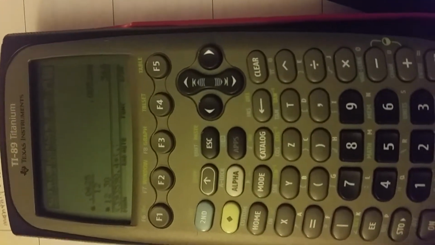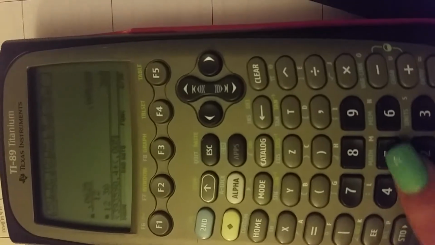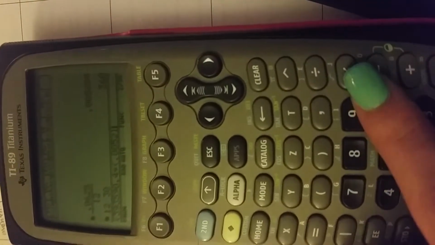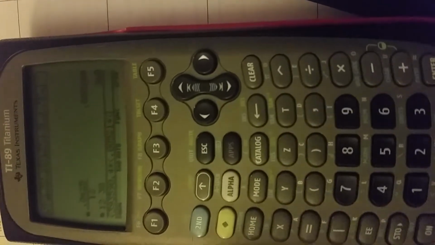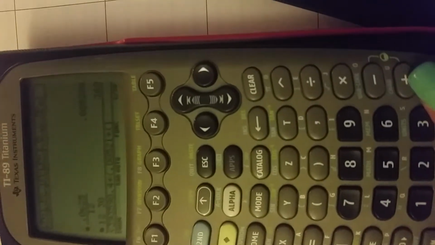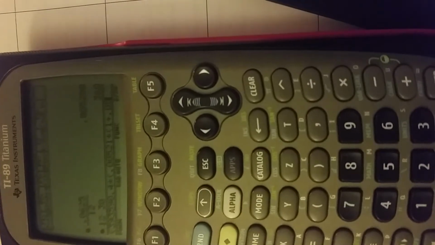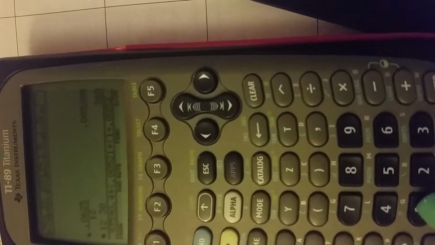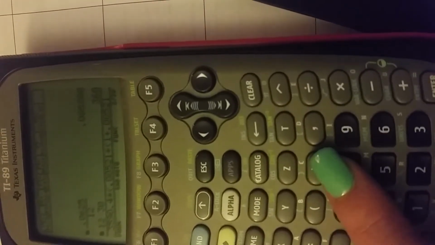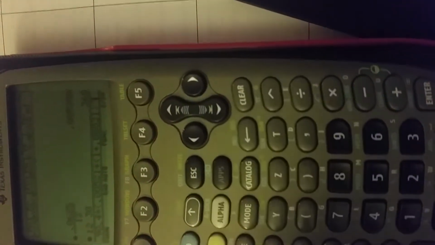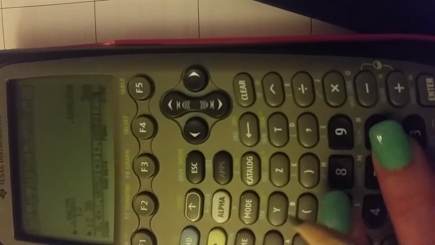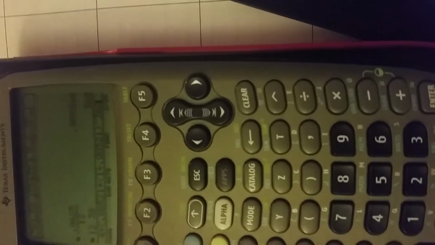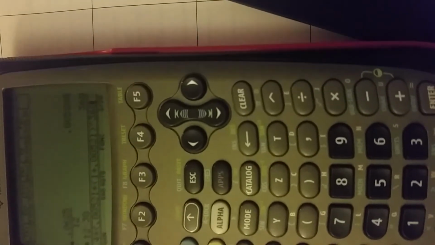R, which was 0.00521 times, open parentheses again. Now it's 1 plus R, so 1 plus 0.00521. Now we got to close those parentheses. Use my caret key to the power. And remember, we're raising it to the power of N, so we're going to raise it to the power of 360.